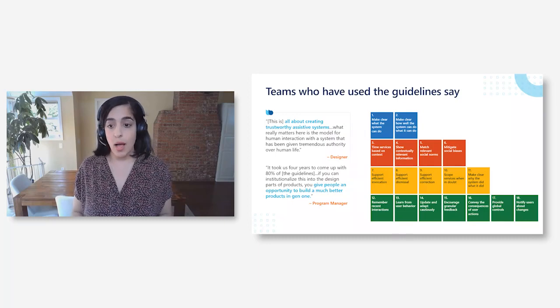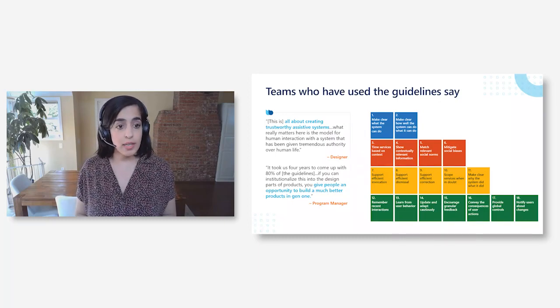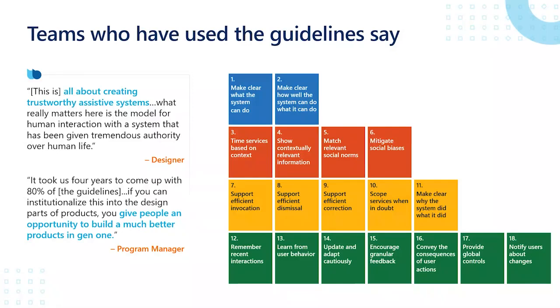Similarly, another team that used the guidelines said, it took us 4 years to come up with 80% of what's in the guidelines. And if you institutionalize this into the design parts of products, you really give people an opportunity to build a much better product in Gen 1, right? And that's really the point, right? To help teams create effective human AI interaction from the start.